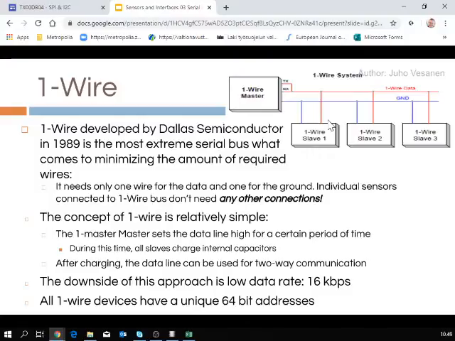Yes, the downside is a low data rate, 16 kilobits per second. It's nothing compared to any other. But still, this is used in slow applications like temperature measurements.